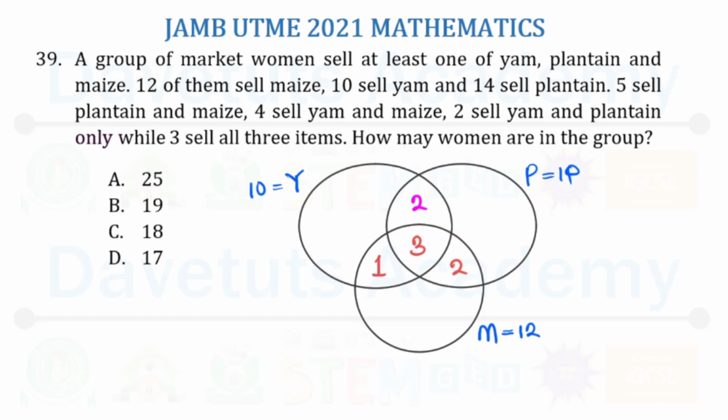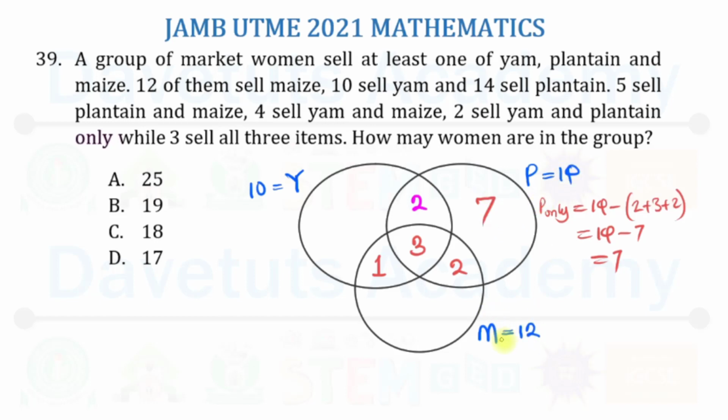So plantain only, which is this region here, will be 14 minus those that we've gotten before, 2 plus 3 plus 2. So that will be 14 minus 7, which is 7. So this is 7.